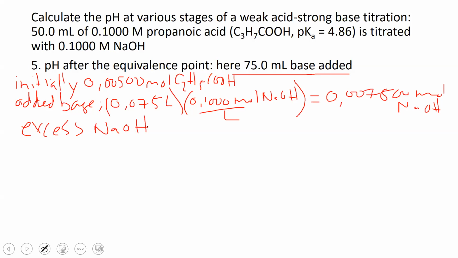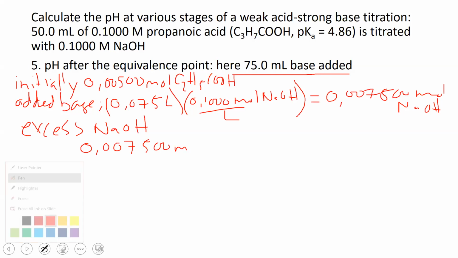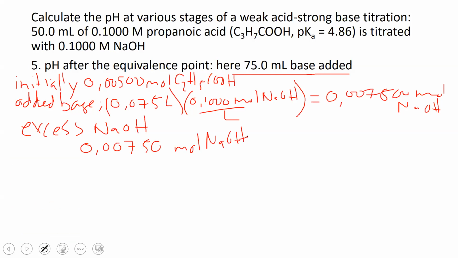Okay, and so we can find the excess sodium hydroxide. That's going to be the amount of sodium hydroxide that you've added, 0.007500 moles, so moles of sodium hydroxide minus the initial moles of acid.